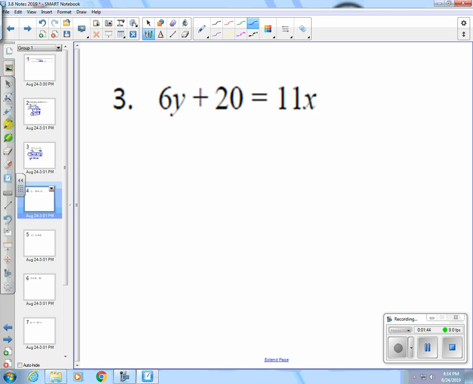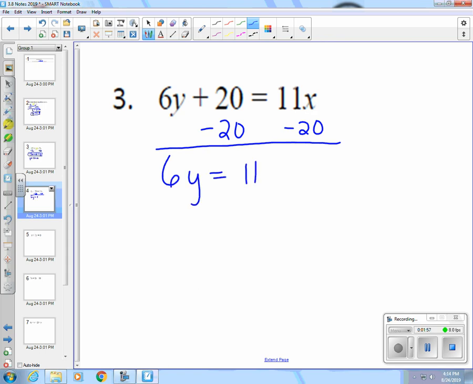All right, we have not only our y with a 6 in front of it, but also the 20. So the first thing that has to happen is we need to move that constant over so that we get the y term by itself. And then we need to have the y with no 6 in front of it. So that means we need to divide everything by 6 on both sides of the equation.